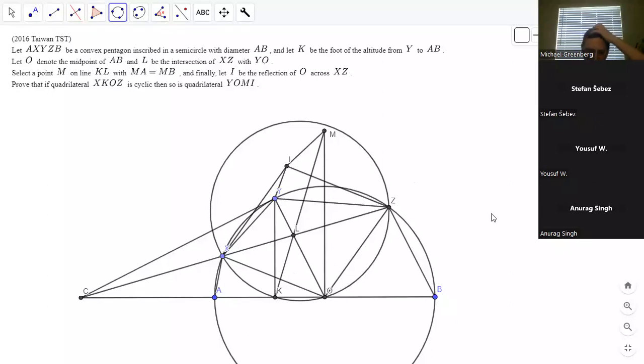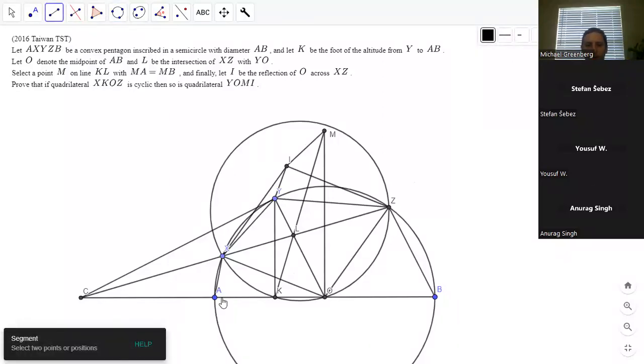Yeah, C, K, O, and B. So if we know they're harmonic, we could draw AZ and BX. But let's first see. I don't know if that would be useful.